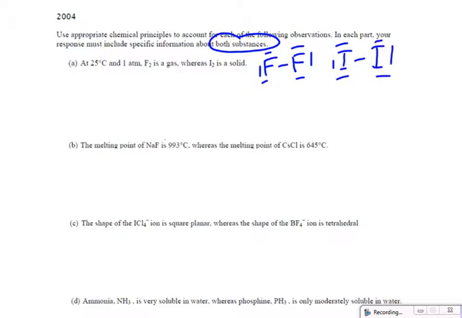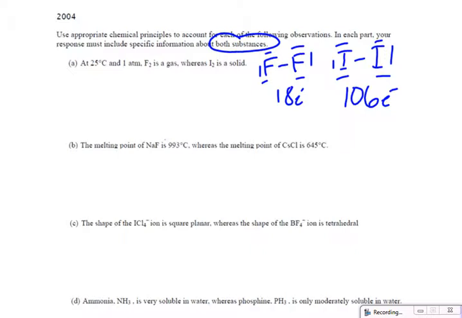Okay, that doesn't help us at all. What else do we know about fluorine and iodine? Well, fluorine is really, really small. Fluorine has a total of 18 electrons. Iodine has a total of 106. That's a lot of electrons. So that's a big difference. Okay, so it must have something to do with that.